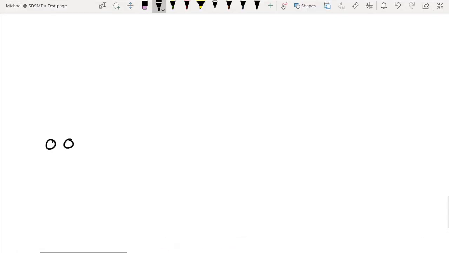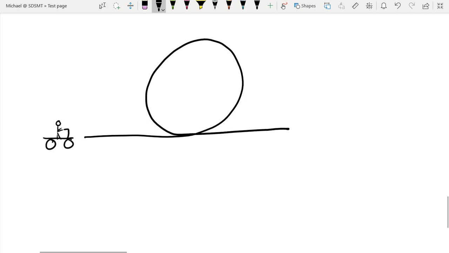All right, so you're going to take a job as a daredevil, and you're going to ride a motorbike through a loop-the-loop. And I'm just going to draw the bike at some choice locations as we go through this loop.